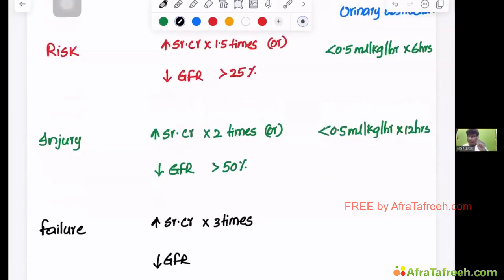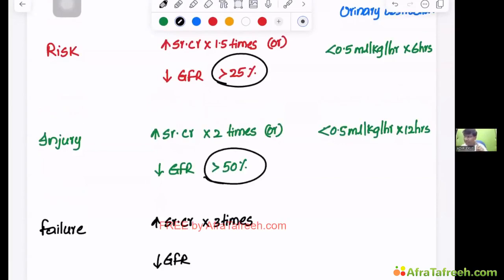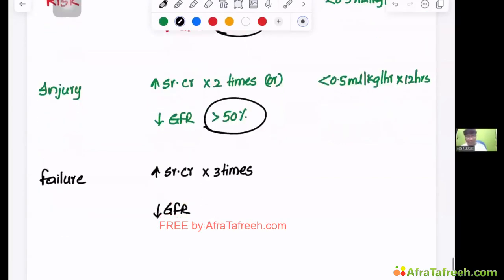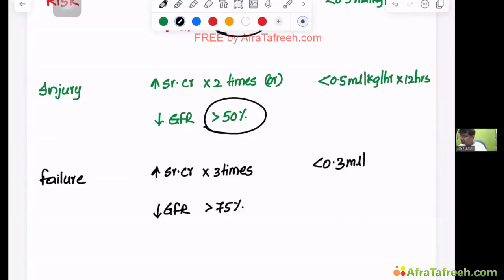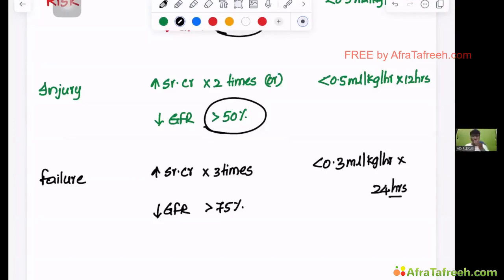So in risk, it is reduced by 25%, whereas in injury it is reduced by 50%, whereas in failure the GFR has to be reduced by more than 75%. And the urine output is similar to stage 3 of acute kidney injury. How much is that? Less than 0.3 ml per kg per hour for nearly around 24 hours. So that is your failure.